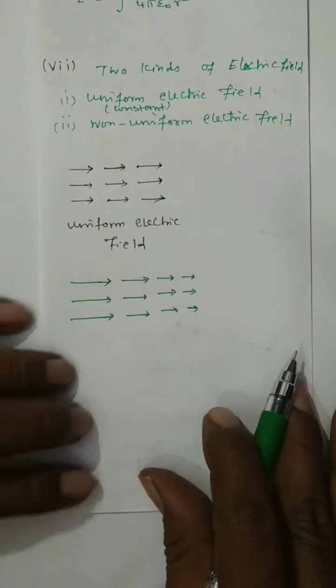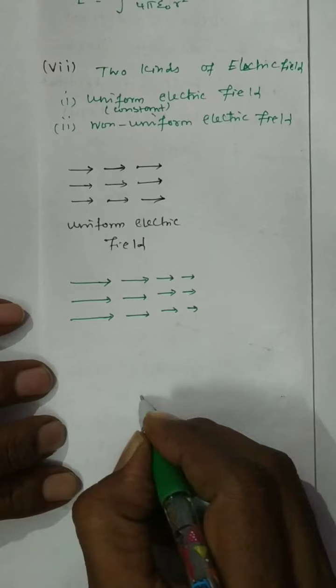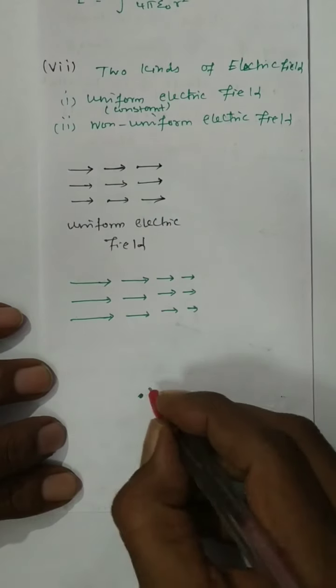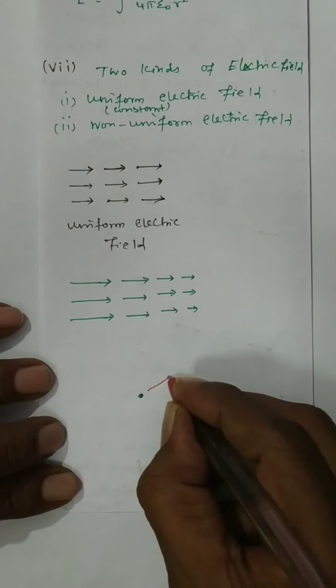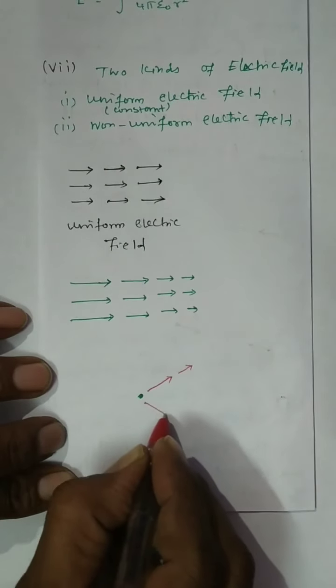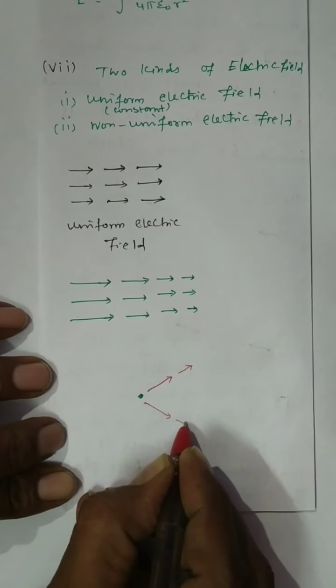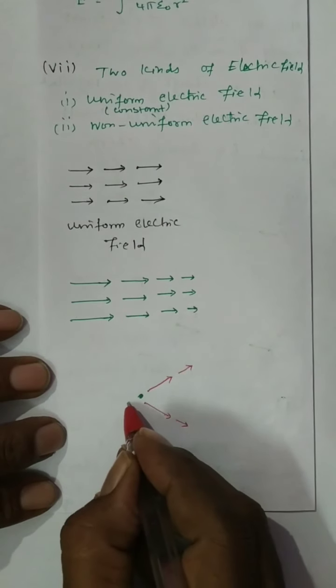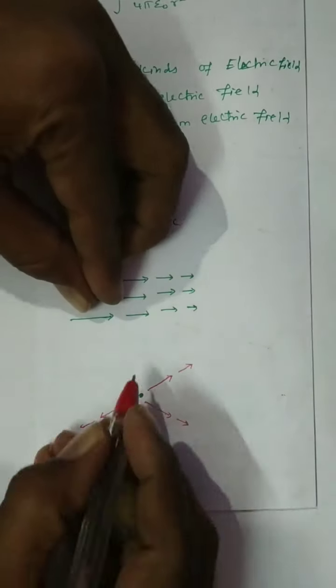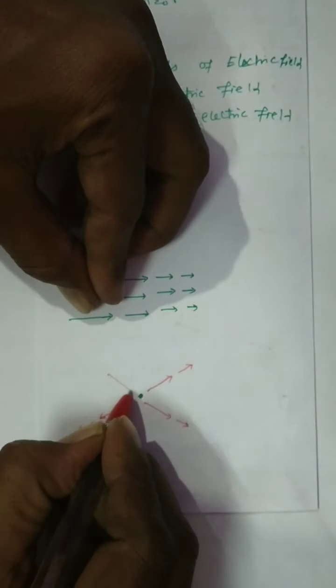The point charge will always provide a non-uniform electric field. Consider this a point charge. Nearby, the electric field magnitude is more, and when it goes distant, the electric field reduces. You can draw the same way here also.